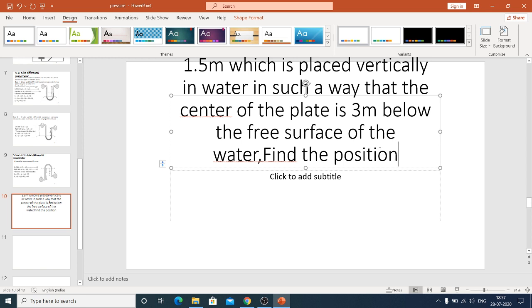Find the position of center of pressure also.